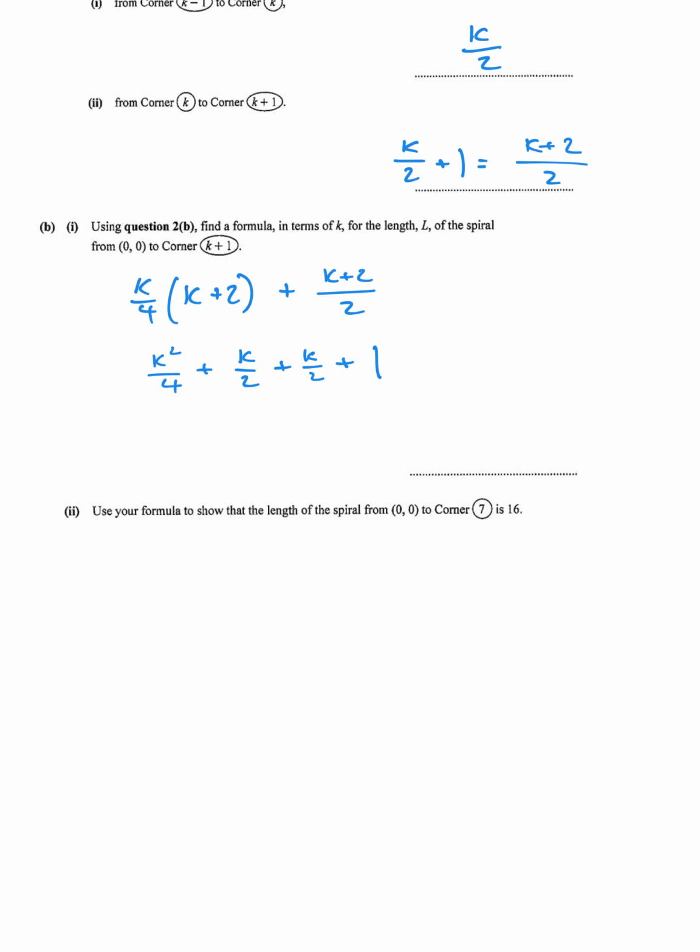Now, if I combine k over 2 and k over 2, there's a half k plus another half k, which is just k. So we get k squared over 4 plus k plus 1, which, if I factorise that, you might spot is a nice perfect square. It's going to be k over 2 plus 1 all squared.